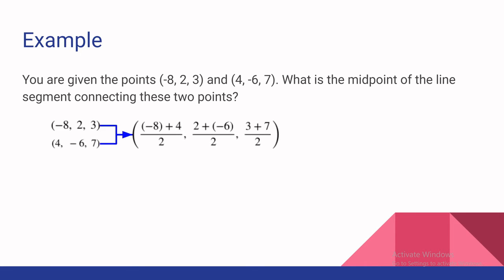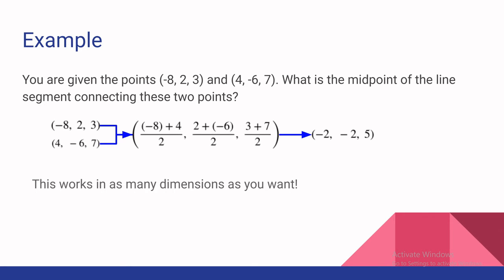So we continue and we notice that the 2 points combine to form -8 plus 4 over 2, 2 plus -6 over 2, and 3 plus 7 over 2, simplifying into -2, -2, 5. Now I apologize for not providing a graph, but graphing in 3D is very hard. So as you can see, this works in as many dimensions as you want.